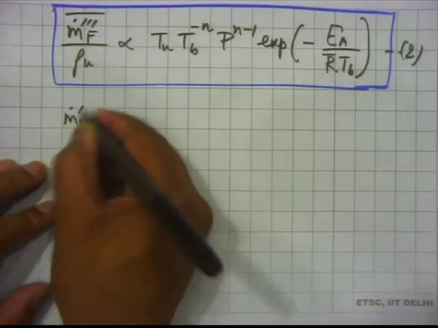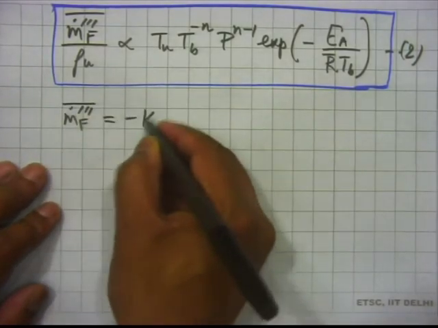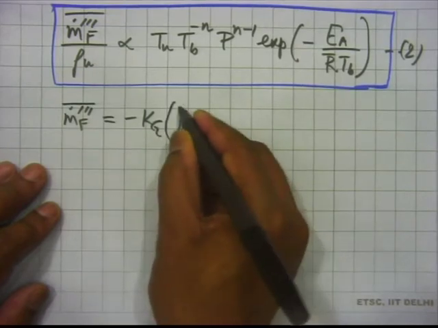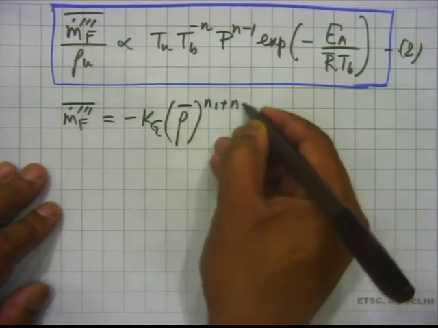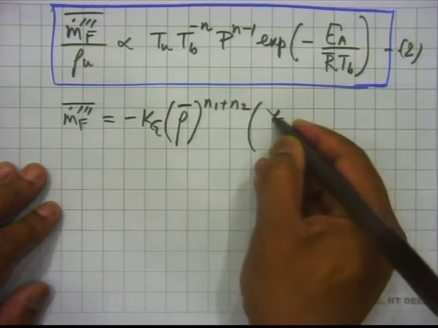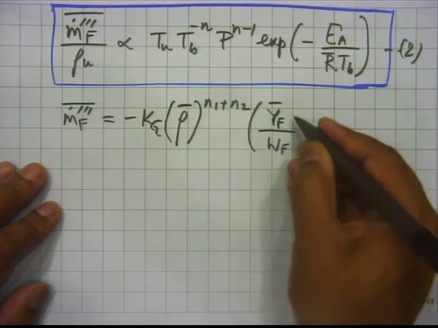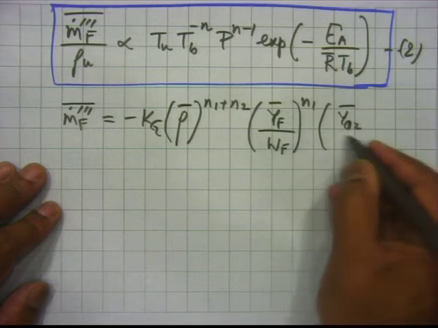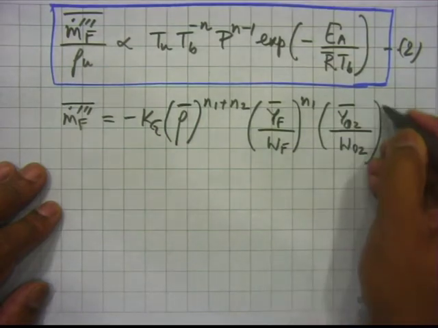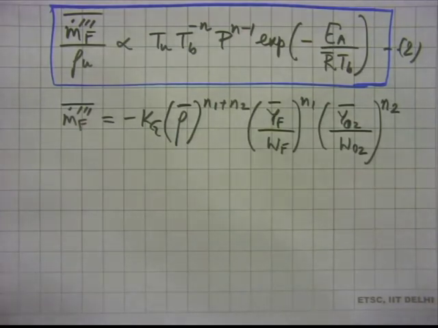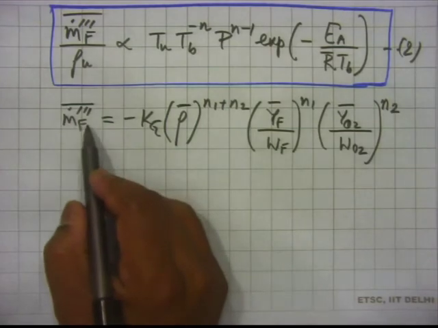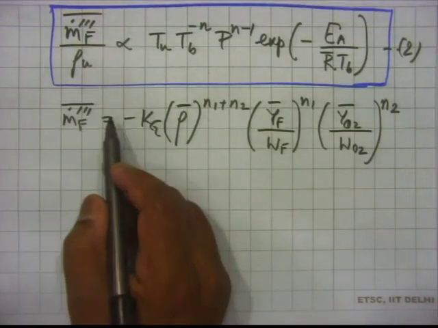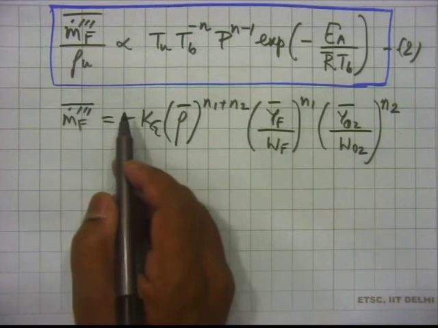M dot f triple prime bar is minus kg... Okay, so this can be written. Where did I get this from? We just saw a few minutes back that m dot f triple prime bar is omega dot f bar times the molecular weight of the fuel, correct?